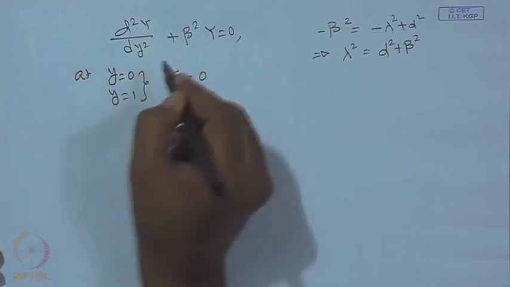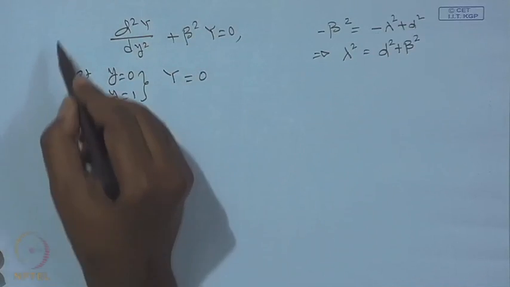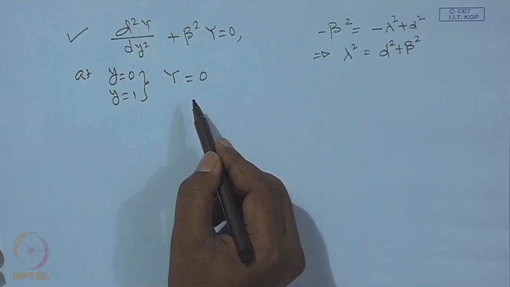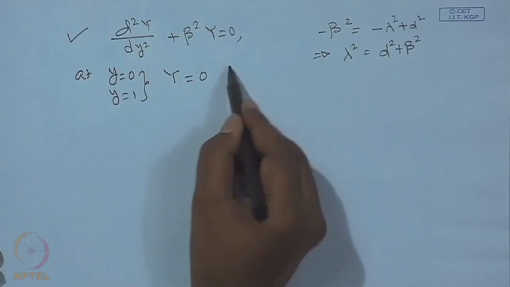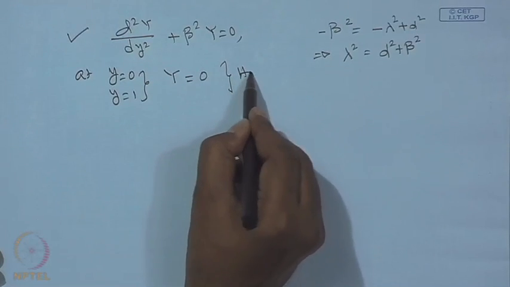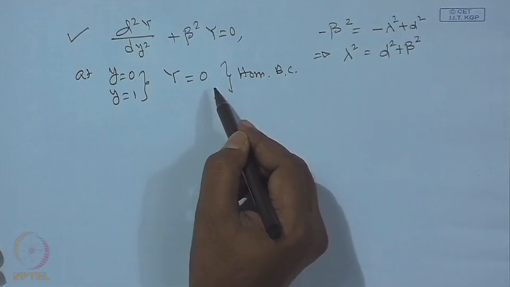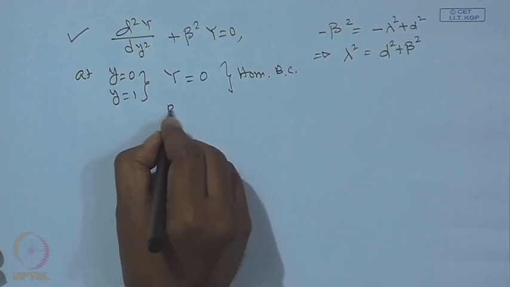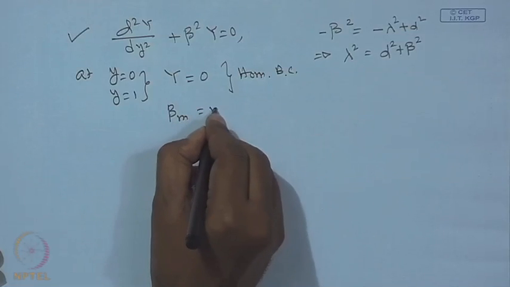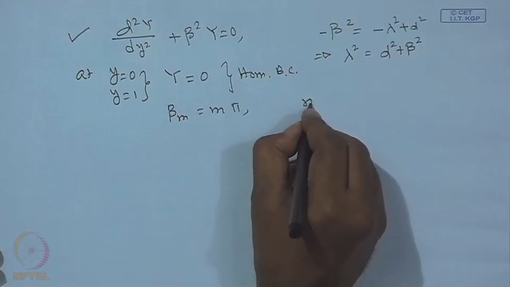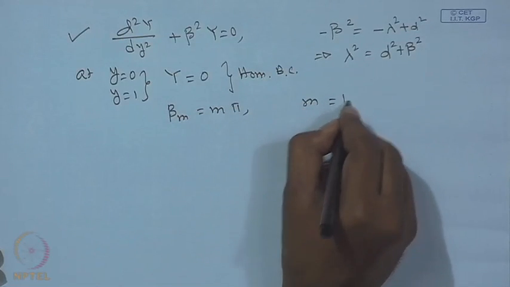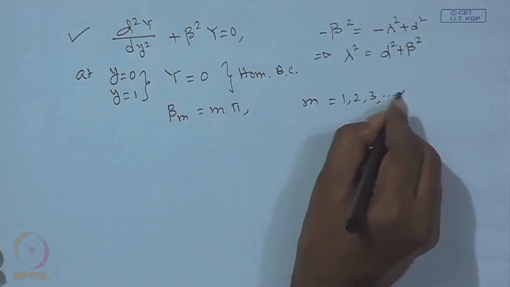Now, again this is a standard eigenvalue problem, as this is a special form of Sturm-Liouville problem and the boundary conditions are homogeneous boundary conditions. Again we know the solution of this. The solution is beta m is equal to m pi, where the index m runs from 1, 2, 3 up to infinity.